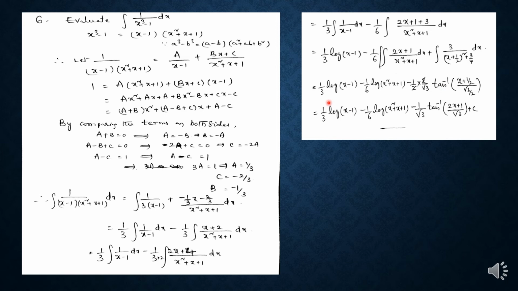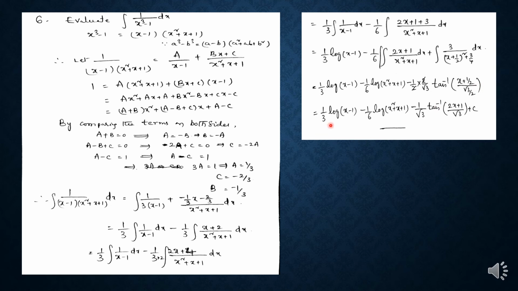So that is equal to 1/3 log|x − 1| − 1/6 log(x² + x + 1), because this is in the form of f'(x)/f(x). Now, −(1/6)·3 means −1/2 times an integral in the form of 1/(x² + a²), where a = √3/2, which is equal to (1/a) tan⁻¹(x/a), that is (2/√3) tan⁻¹((x + 1/2)/(√3/2)).